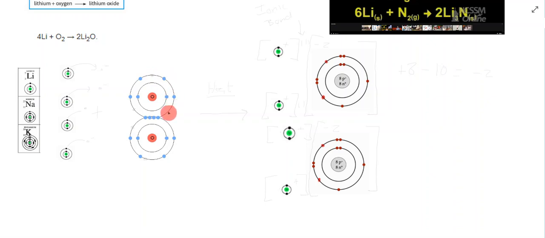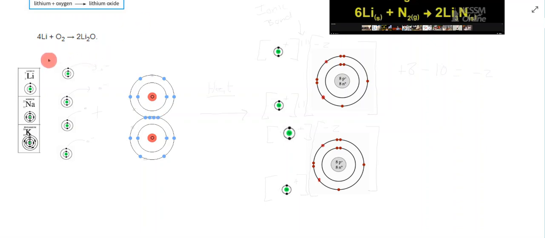So as a result of that, it has to either take 2 electrons from another atom or it has to share electrons with another atom. And in this case, what it's doing is it's sharing electrons with another oxygen atom. And as a result of that, both atoms get to have a full outer shell because they're sharing electrons with each other. But what that does is it connects the two atoms to each other in this bond, which is known as a covalent bond.